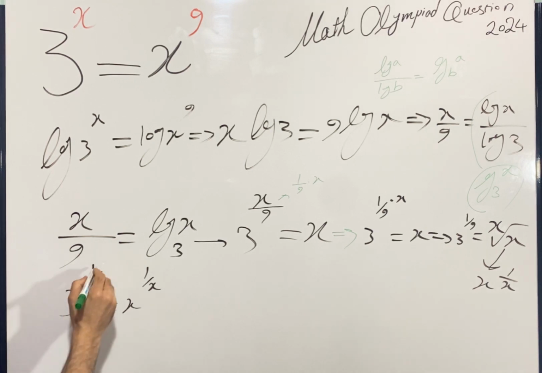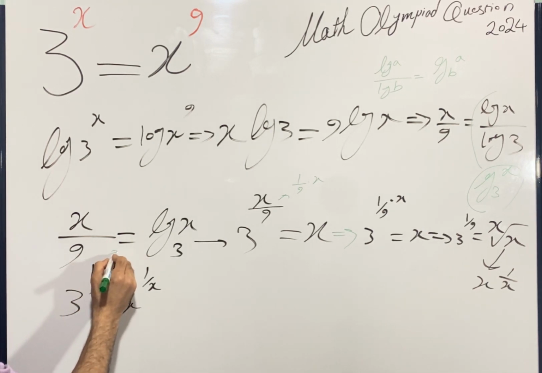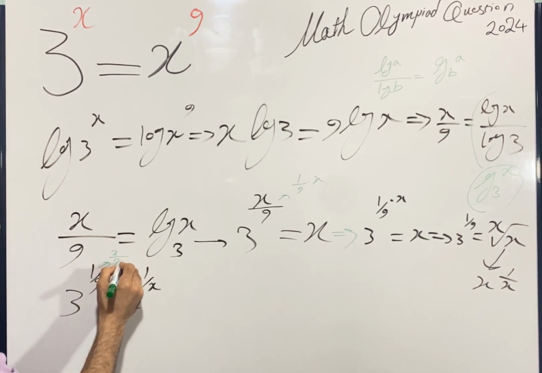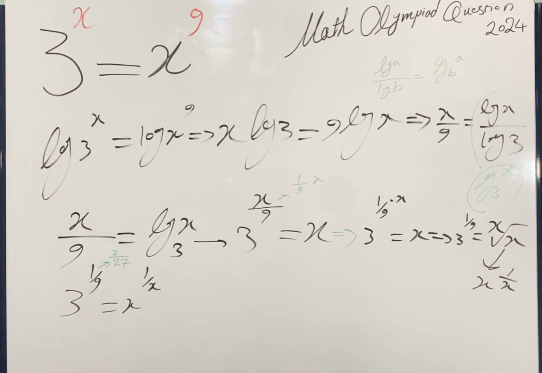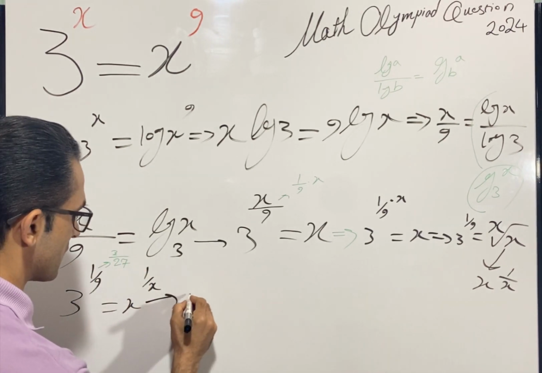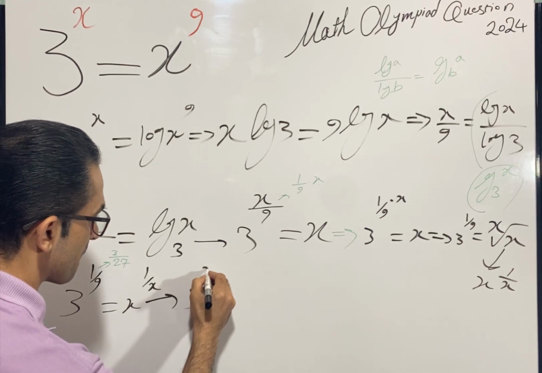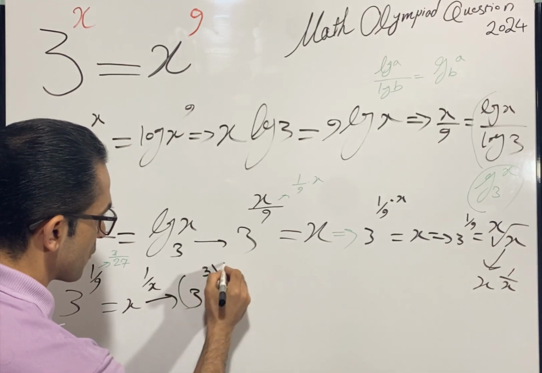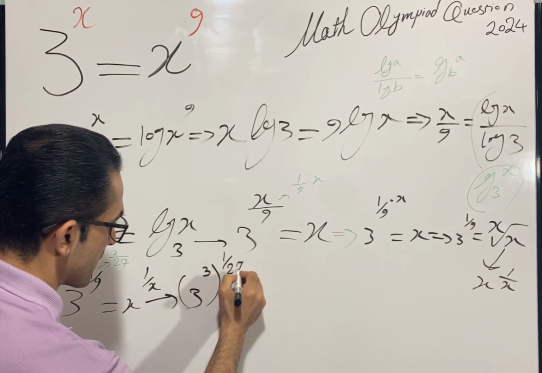1 over 9 is 3 over 27. So 3 to the power of 3 over 27.